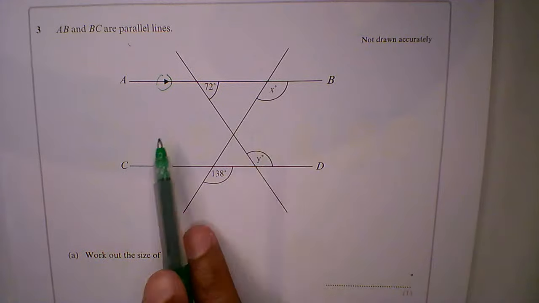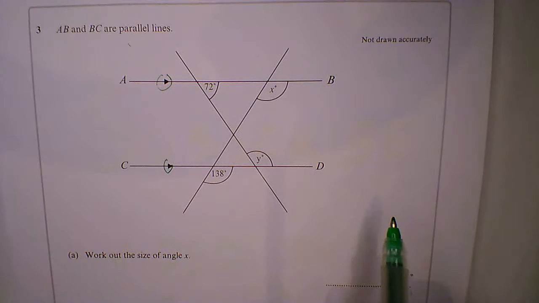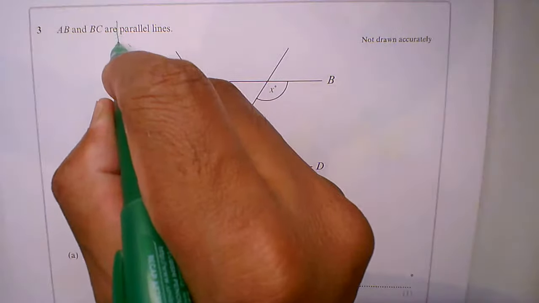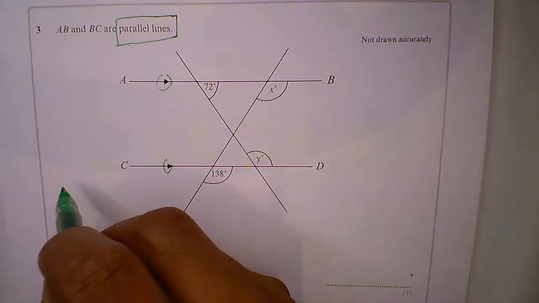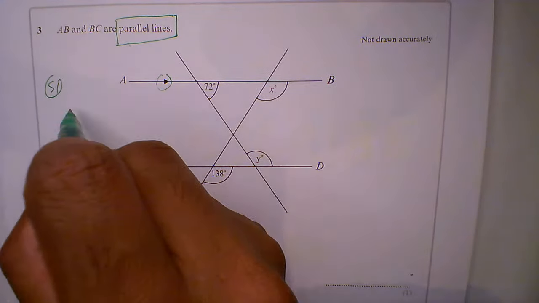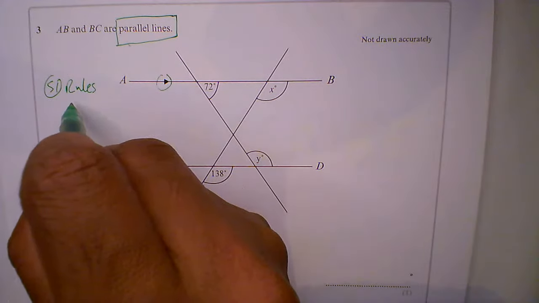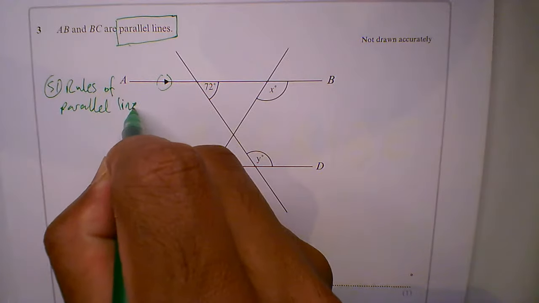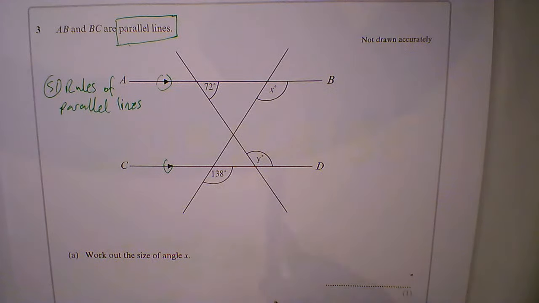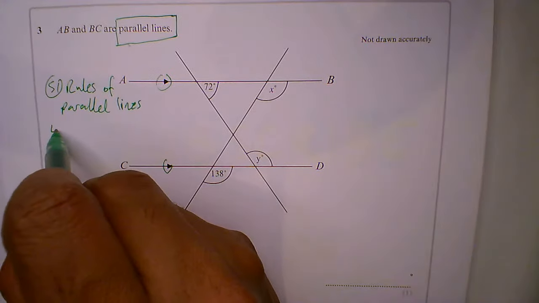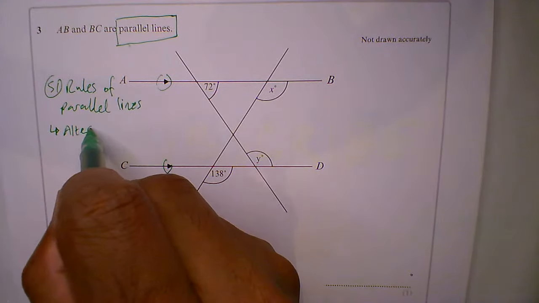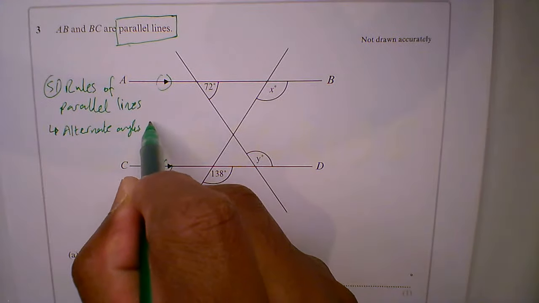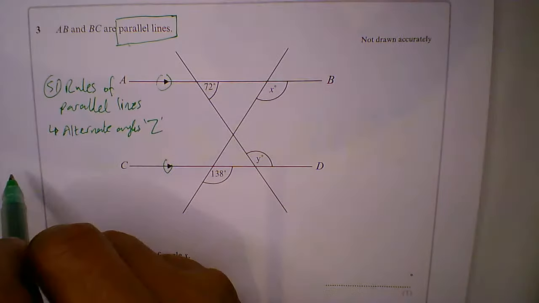So we can do this many ways. You can see from here, the key is we have parallel lines. So step 1 is we need to think about our rules of parallel lines. If you think about parallel lines, we've got what we call alternate angles, which are like this, Z angles as we call them.